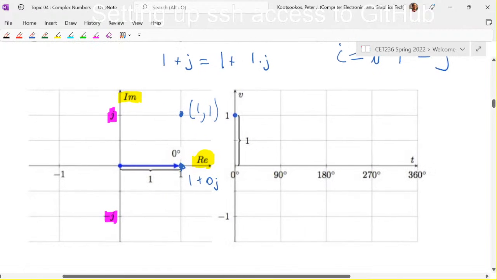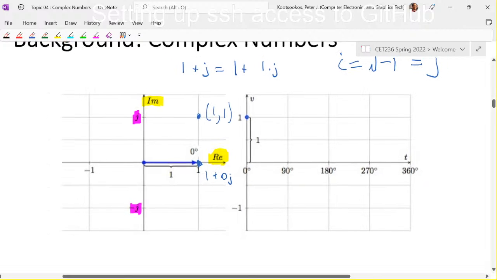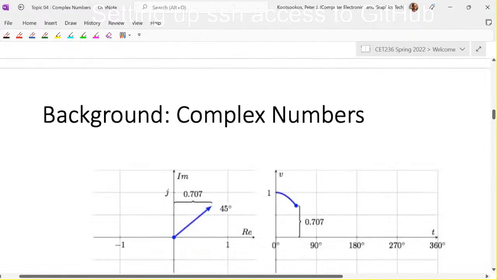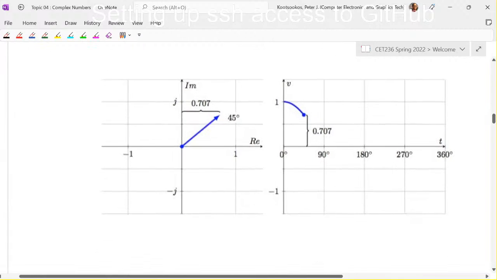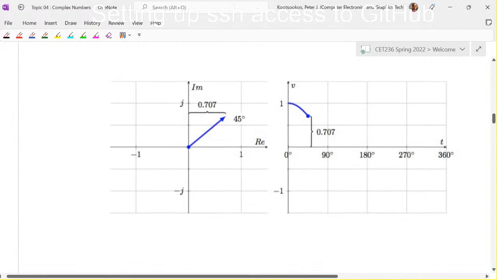So if I measured this complex valued voltage with my voltmeter, I'd get a 1 on it. If I then rotate that unit vector by 45 degrees, so now the number is 1 on root 2 plus j 1 on root 2.